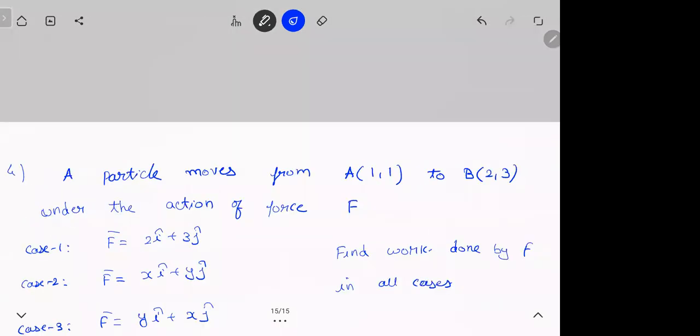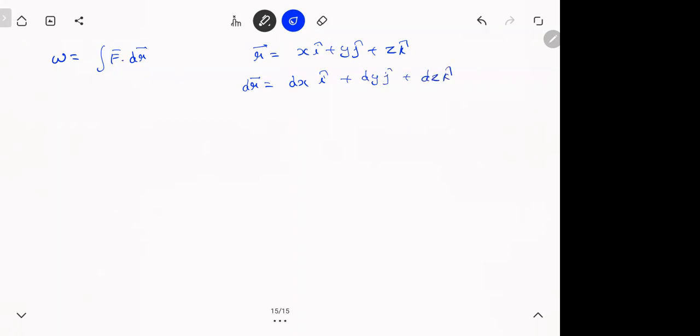Let me show you this. First thing, normally you write work done is F bar dot dr bar or ds bar. First of all, what is r bar? Position vector, x i cap, y j cap, z k cap. So what is dr bar? Remember d is the differential. It is not a constant. dx i cap, dy j cap and dz k cap. So dr bar means small position vector, dx, dy, dz.